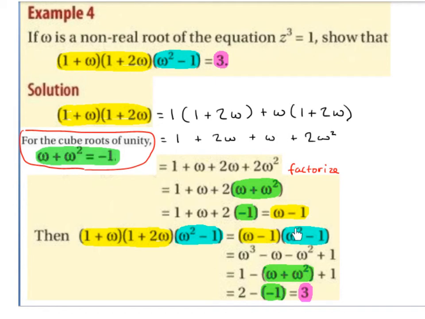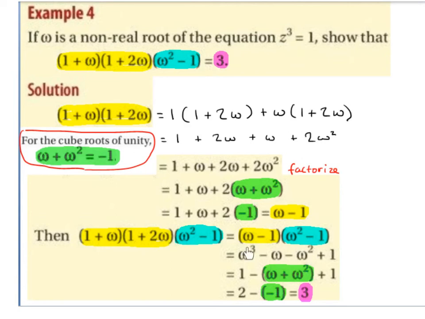W times w squared is w cubed. W times minus 1 is minus w. Minus 1 times w squared is minus w squared. Minus 1 times minus 1 is plus 1. Now, we know that w cubed just ends up back at 1, because for z to the power 3, we have the roots to be 1, w, and w squared. So w cubed ends up bringing us back around to 1.